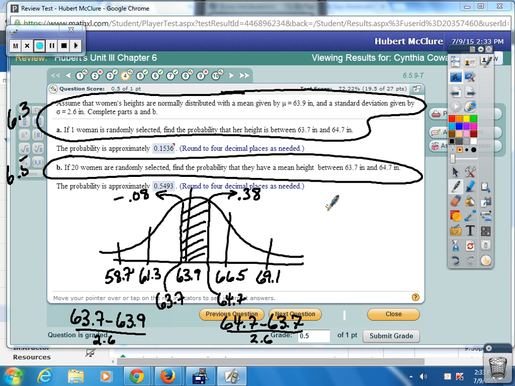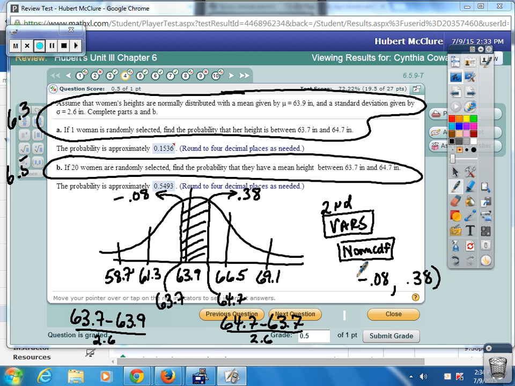So which one is it? Second bars. Y'all got to remind me which one it is. With normal CDF, from negative 0.08 to 0.38, somebody give me that number. 0.1799.